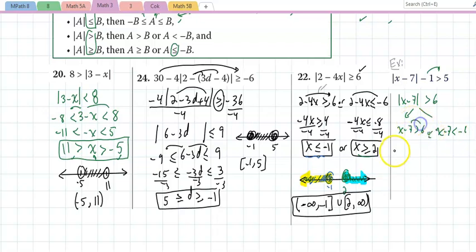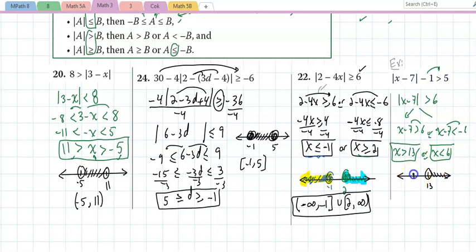This is add 7 to both sides. X is greater than 13. Got it. Add 7 to both sides, or x is less than, if you add a 7, that's a 6. And if you put that on a number line, again, this says 13 not included, x is bigger than that.